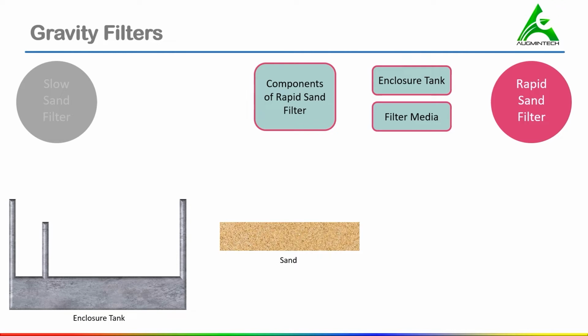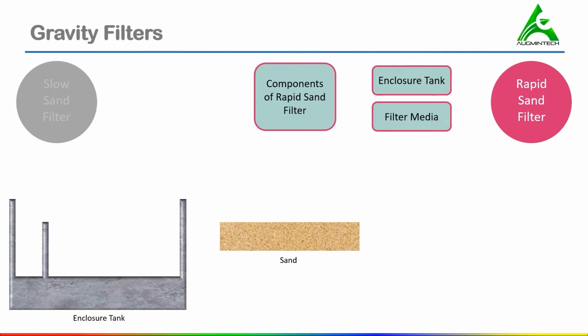The uniformity coefficient of sand varies from 1.3 to 1.7. The common value we can take is 1.5. Due to higher value of effective size and lower value of uniformity coefficient, the void space in the filter media is increased, which results in a higher rate of filtration for this filter.